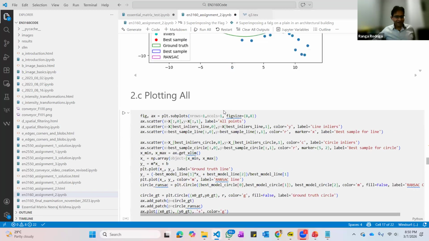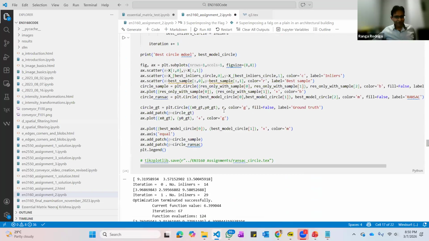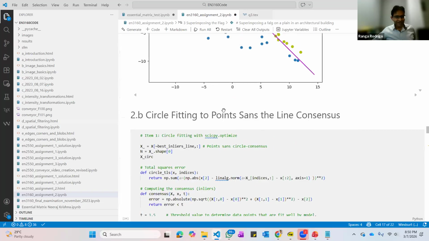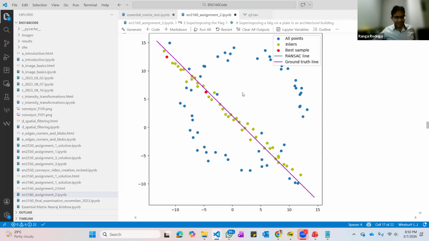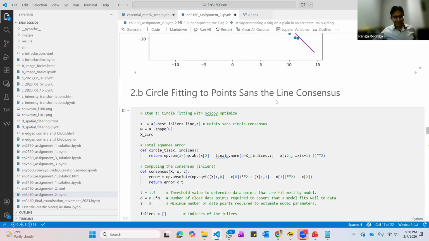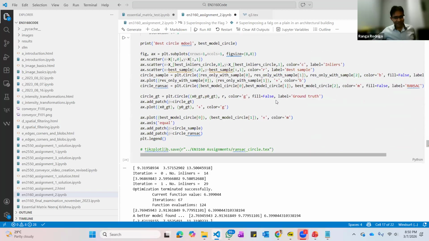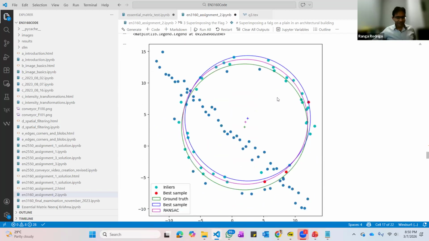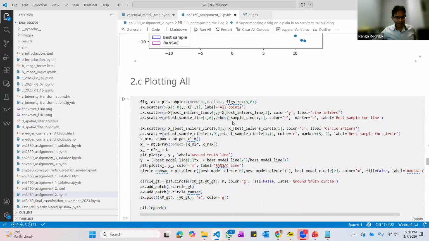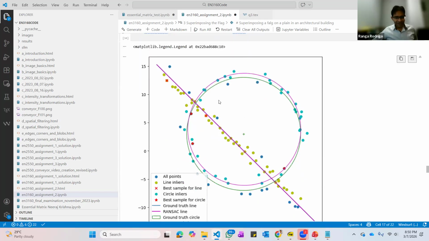You can see I have written RANSAC for complicated things. I have written RANSAC for this example. This one has both a line and a circle. So doing RANSAC for the circle was not so easy, but I was able to get that working.